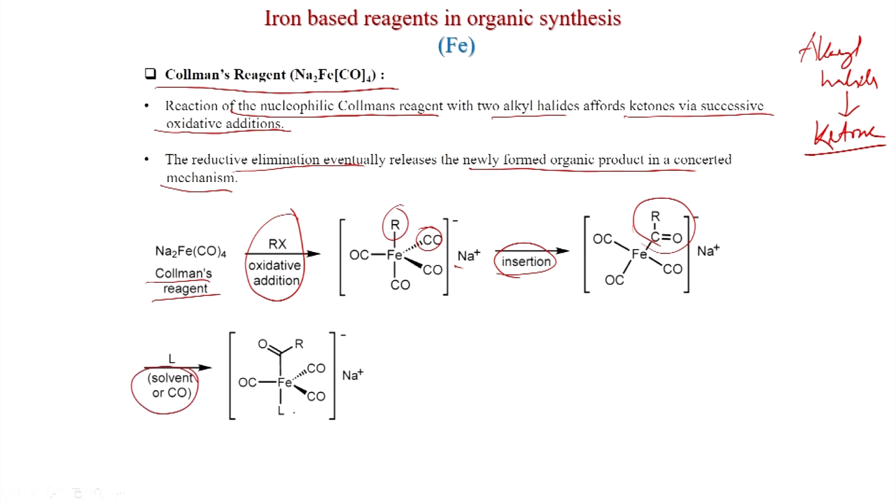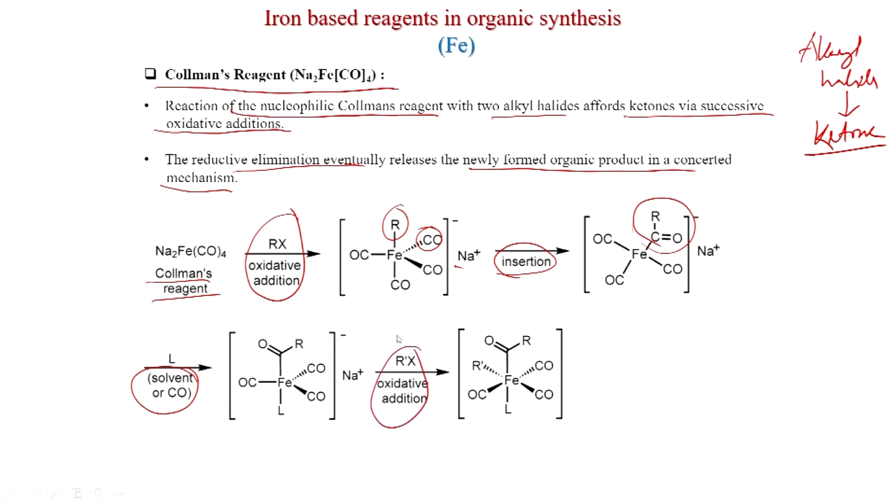So, that iron becomes pentacoordinate now, and oxidative addition again will happen with another alkyl halide R'-X. So, R'-X adds here and iron now is hexacoordinate.